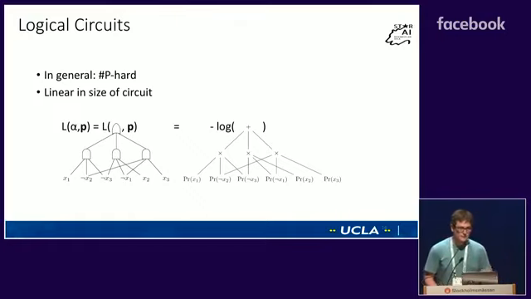But borrowing from the techniques of knowledge compilation, of logical circuits, we actually know that for a lot of logic, even pretty difficult things, we can compile a circuit that's fairly compact. And once we have that circuit, we can do all of these operations in linear time. So we can compute the probability, we can compute all these derivatives, all pretty easily in linear time.